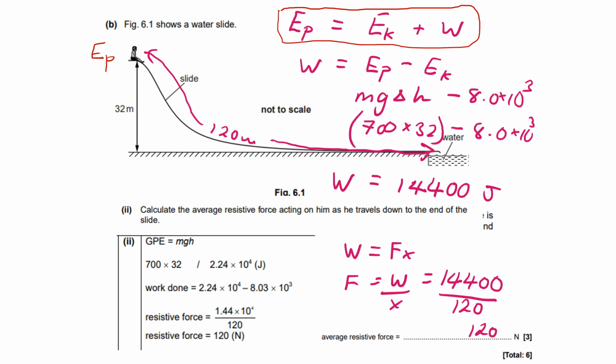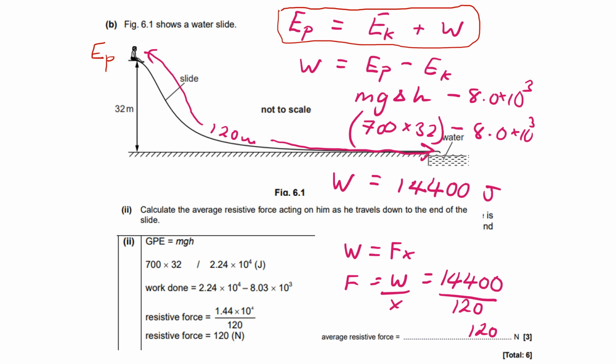So work done is equal to potential energy minus kinetic energy. Potential energy is found from weight times height, so 700 multiplied by 32. And then we'll subtract the kinetic energy value that we calculated previously, and that gives work done equal to 14,400 joules.